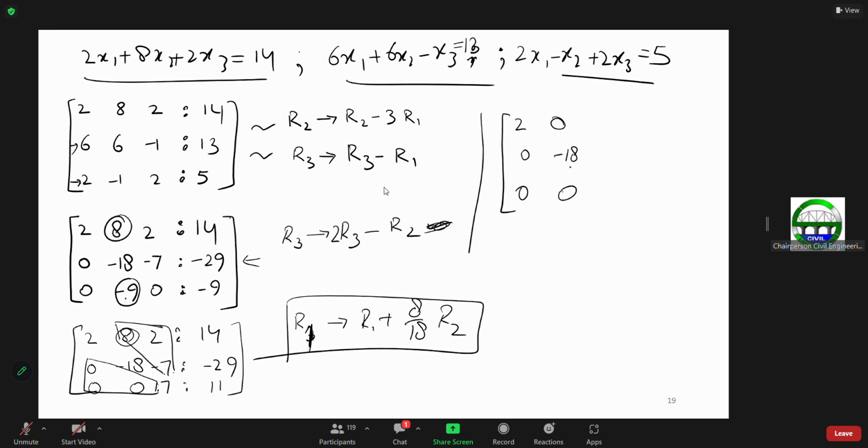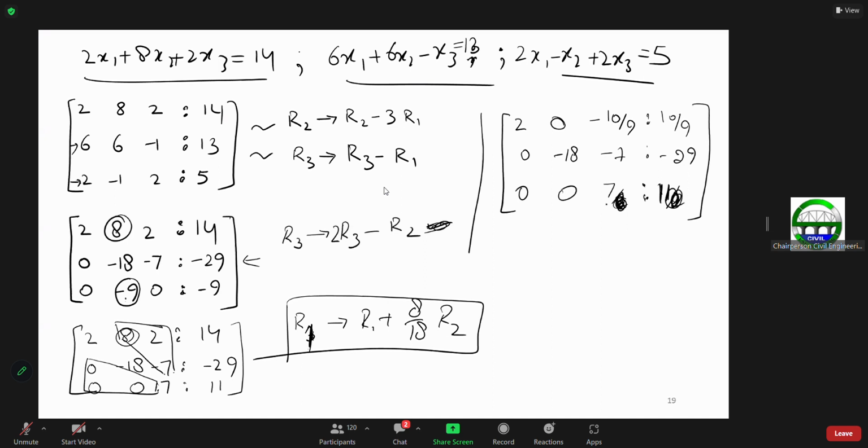Then this one will be equal to minus 10 by 9, this one minus 7, and this one 7 by 2. And in the next row, this one will be 10 by 9, this one minus 29, and this one 11 by 2. Sorry, it might not be 2, it will be just 11.